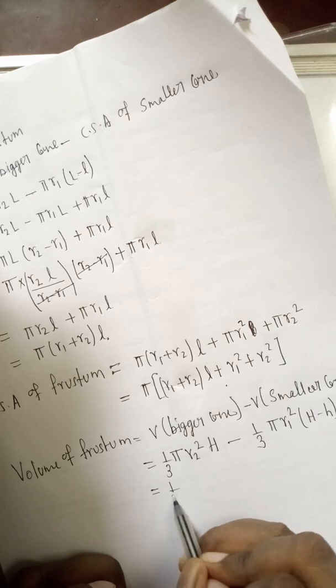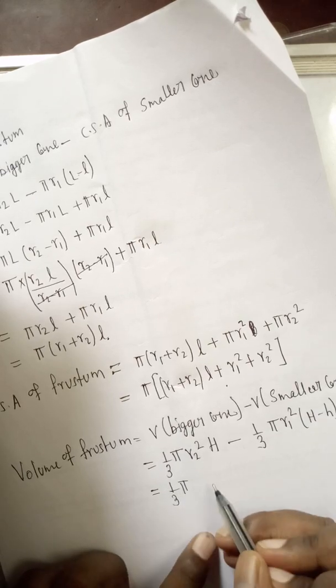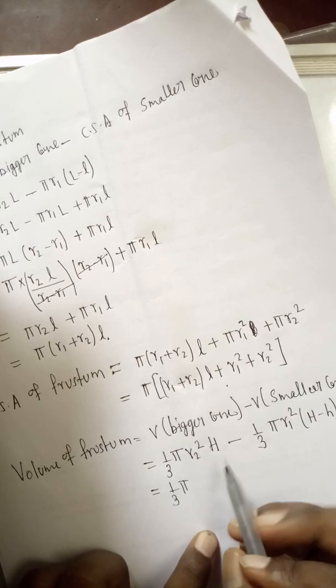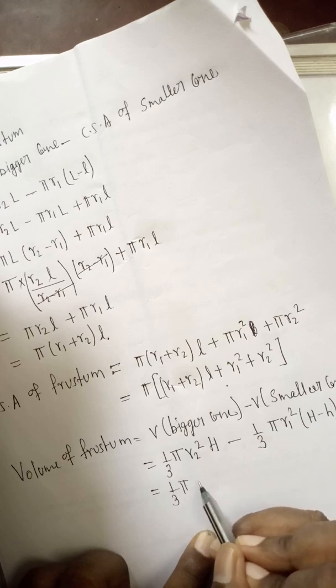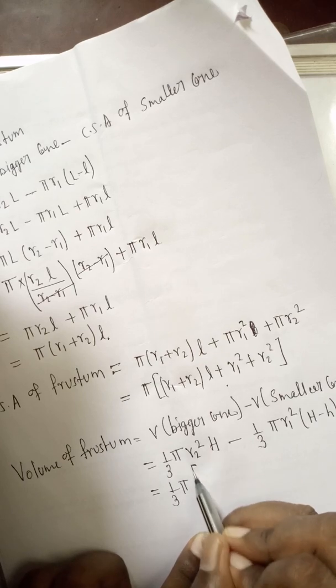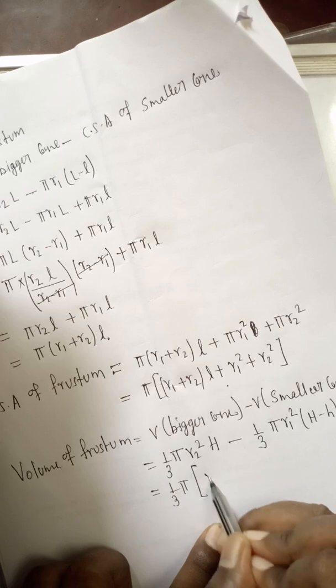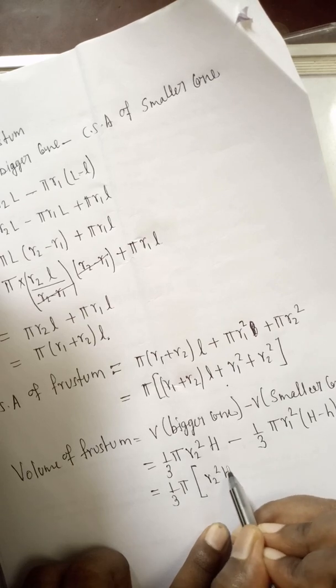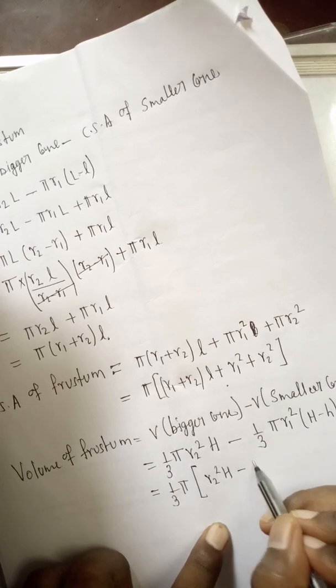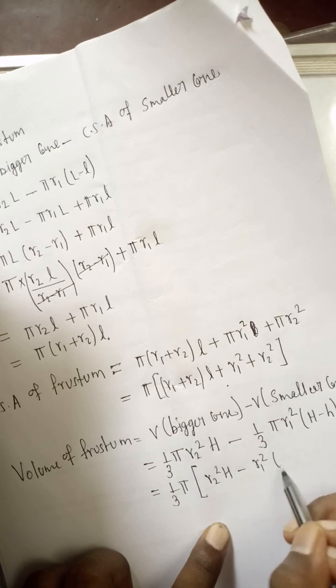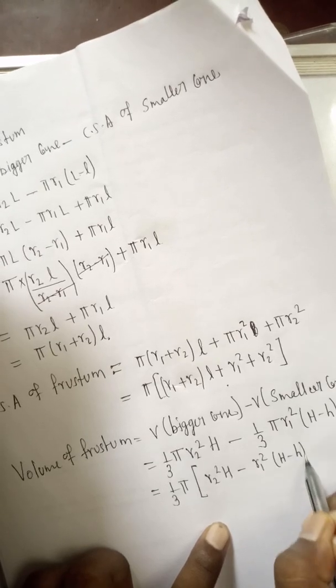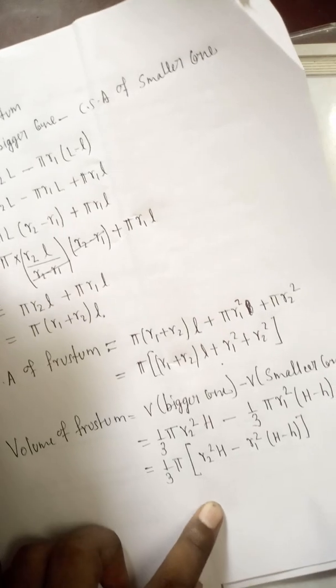This can be written as 1 upon 3 pi, right? And then this can be taken as common. So inside, what do you have? Inside you have r2 square H minus r1 square H minus h. Hope this is clear.